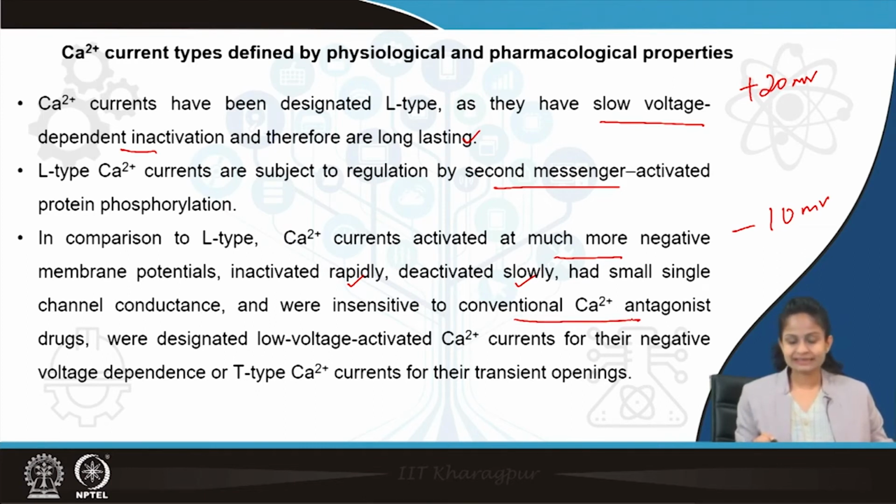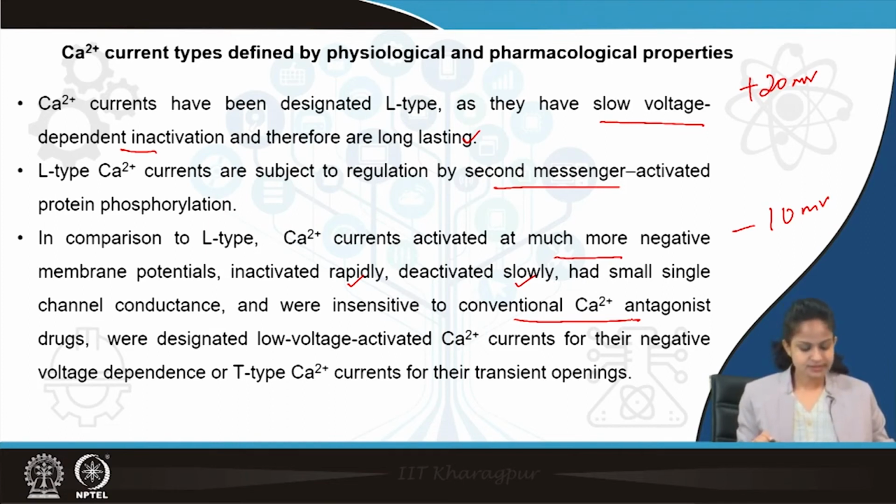Now, usually the L type of current or the L type of voltage gated calcium channels, they are sensitive to blockers. The most common calcium antagonist is dihydropyridine. So that is why the other name of these channels is DHPR, dihydropyridine receptor.